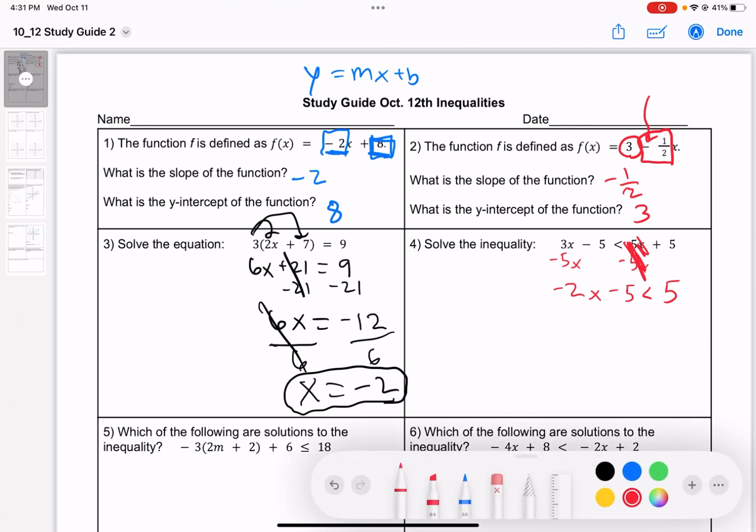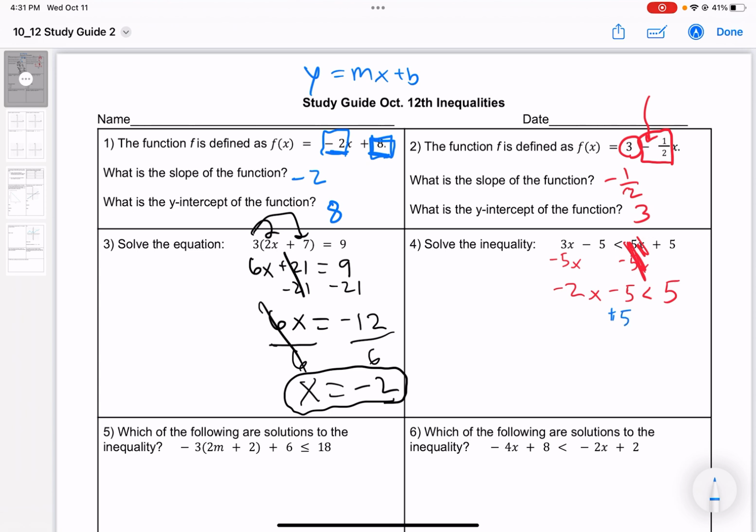Now it's a two-step inequality. I'm going to add 5 to both sides. These cancel. I get negative 2x is less than 5 plus 5, which is 10. The last step is divide by negative 2. But I just divided by a negative with an inequality, so I have to flip the sign, and I get x is greater than negative 5.